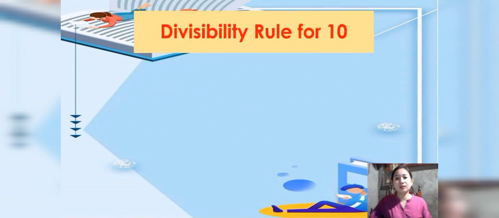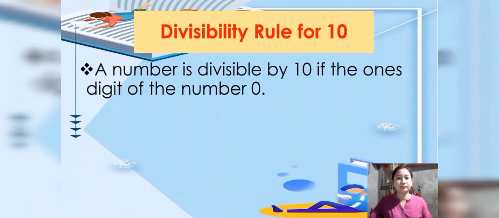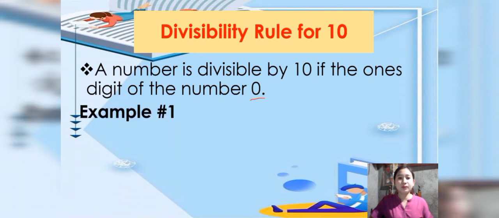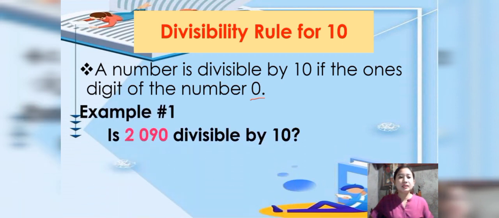Let us now discuss divisibility rule for 10. A number is said to be divisible by 10 if the ones digit of the number is 0. Example, is 2090 divisible by 10?